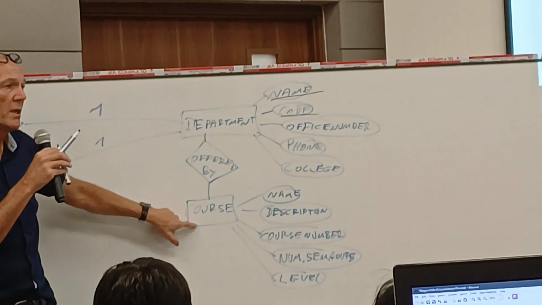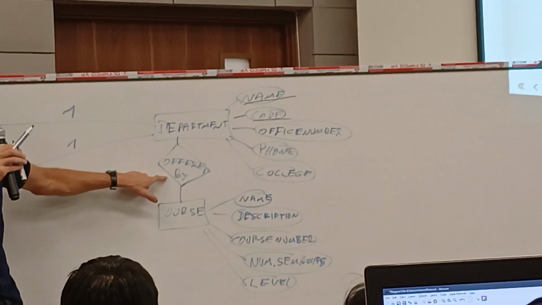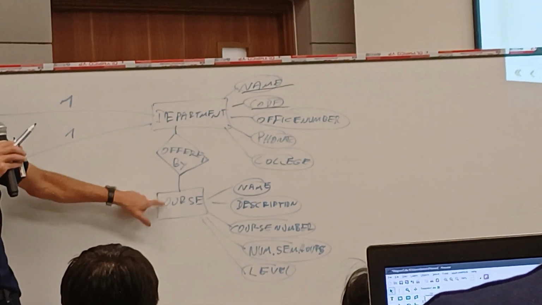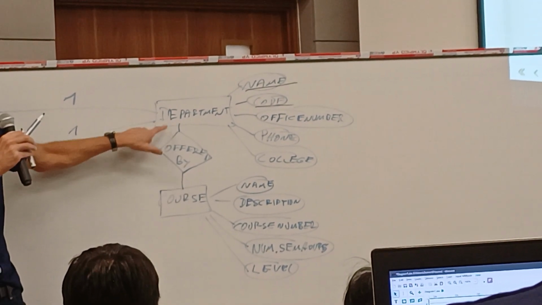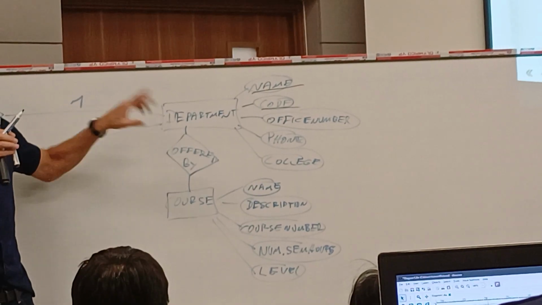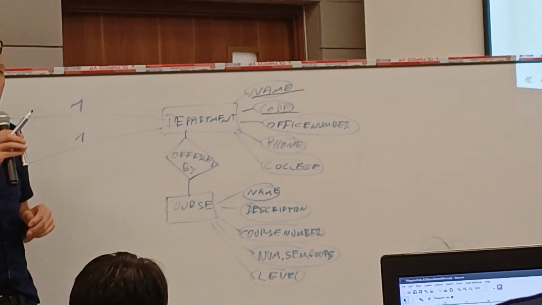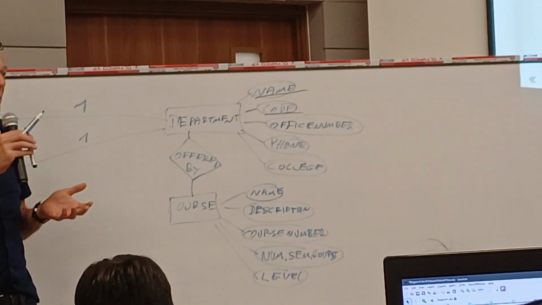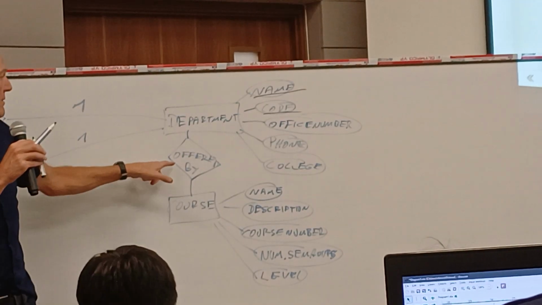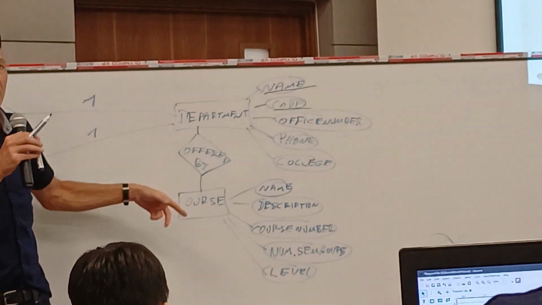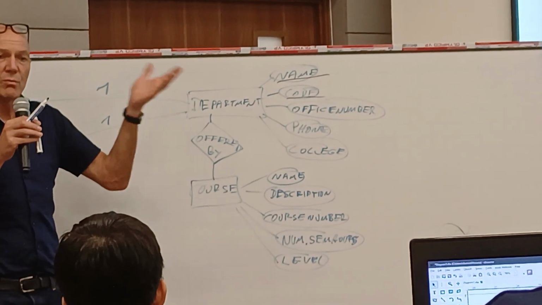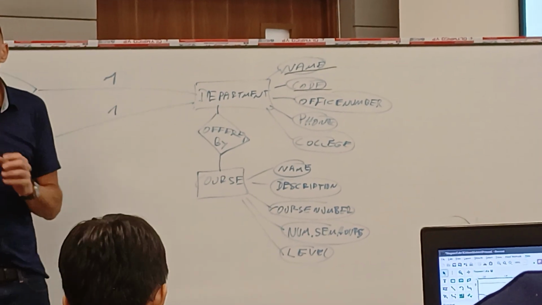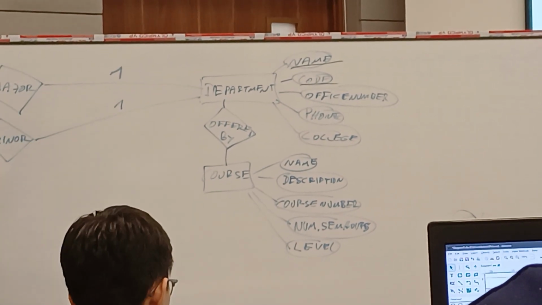If you read it from here, I could better make use of a different name: the course is offered by the department. So maybe put two names with a slash in there. But that's a lot of typing. So many people just put one word like this, and if you read it the other way around, you need to convert it yourself.